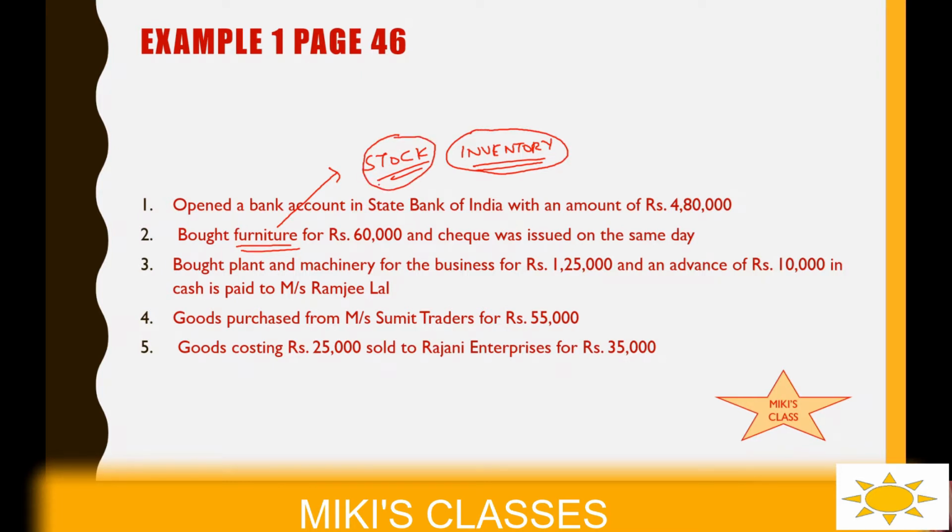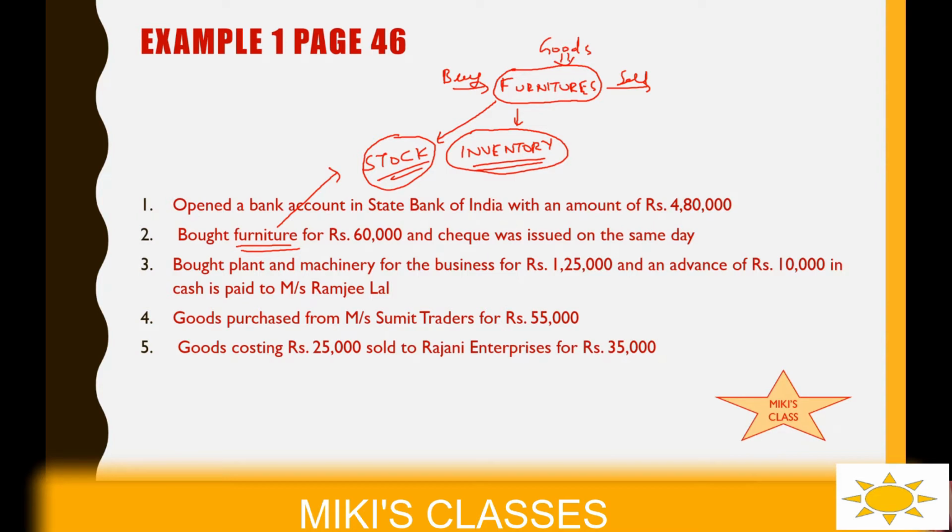Suppose you are someone who is into the business of buying and selling furniture. You buy furniture, then sell. So suppose you're a trader in furniture. Then this is what you call your inventory or your stock. And we might also in accountancy say that you're buying goods and selling goods.